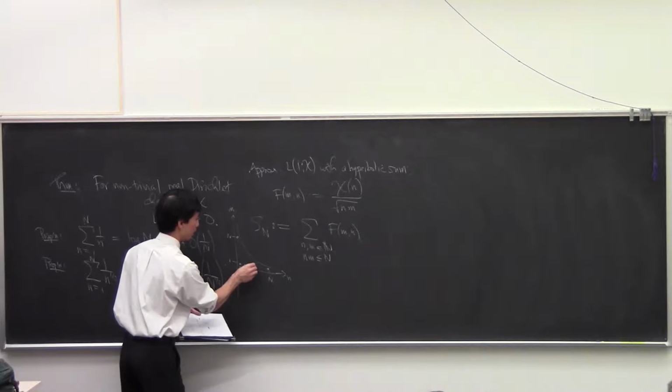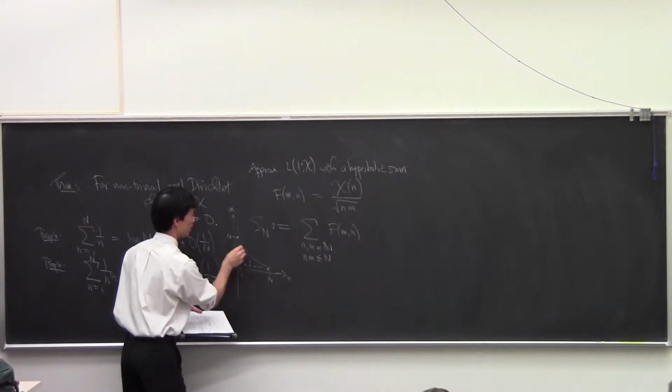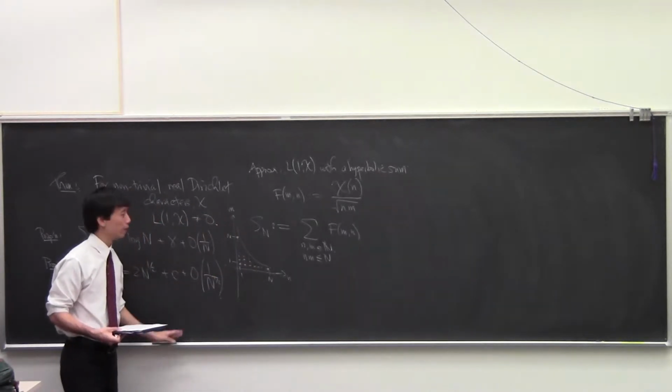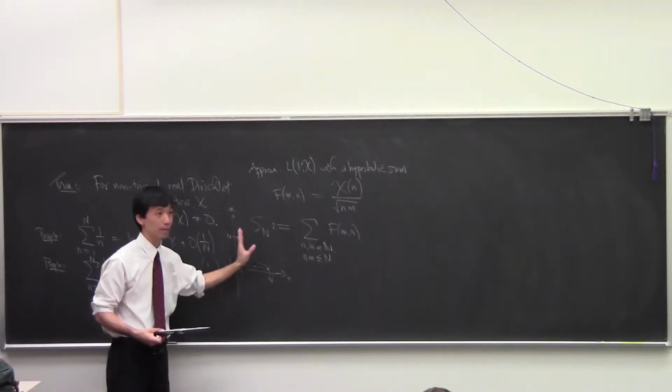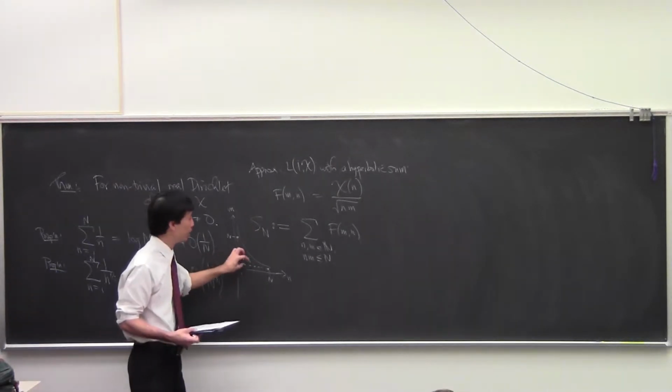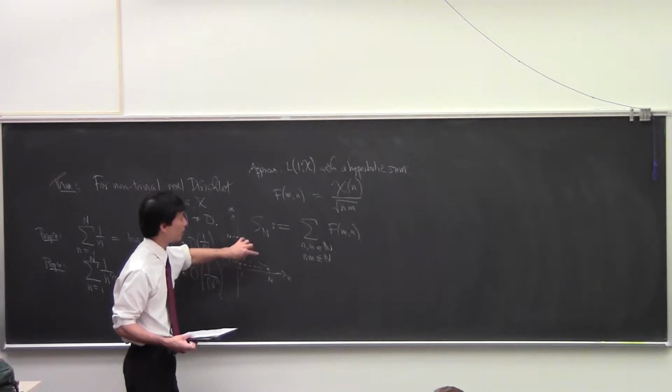So you have this chopped off lattice basically. The lattice is chopped off by the axes and the hyperbola. So you're going to sum over all those pairs of indices.